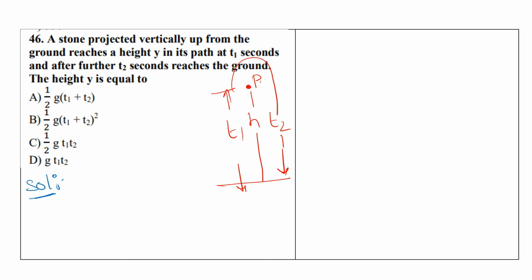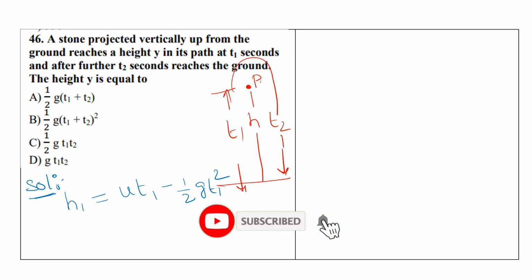Here this body is projected vertically from the ground, reaches height in its path t1 seconds. After further t2 seconds it reaches the ground. So first h1 is equals to ut1 minus half g t1 square.